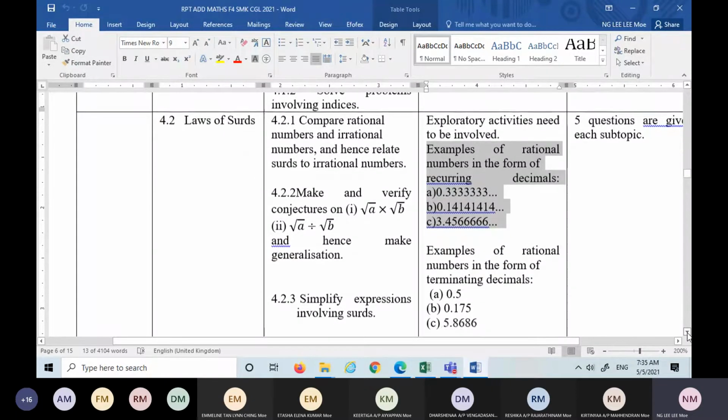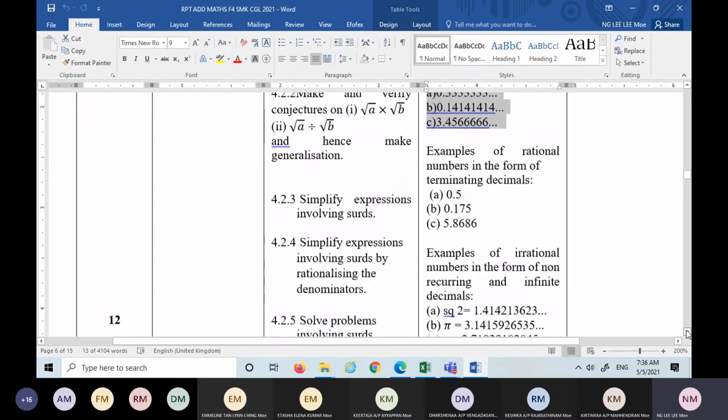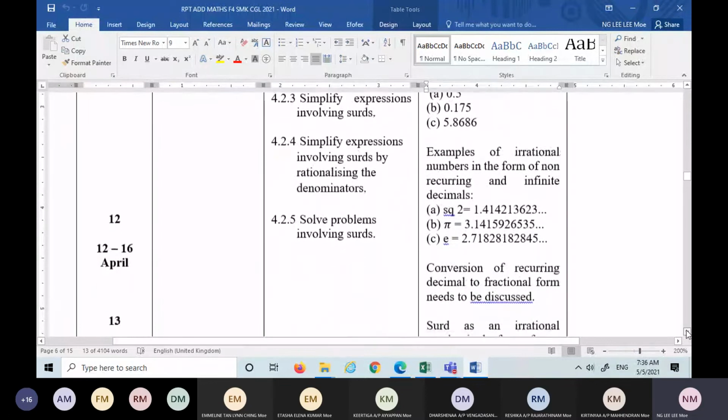Okay, second example, this is an example of a rational number, but this is a terminating decimal, not that type of infinite decimal. All these decimals we call terminating decimals, or rational numbers. And we continue with the third type of example.